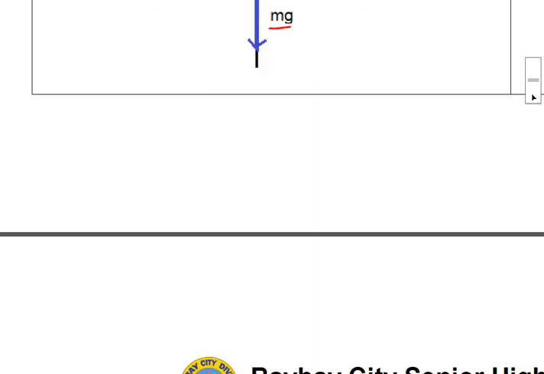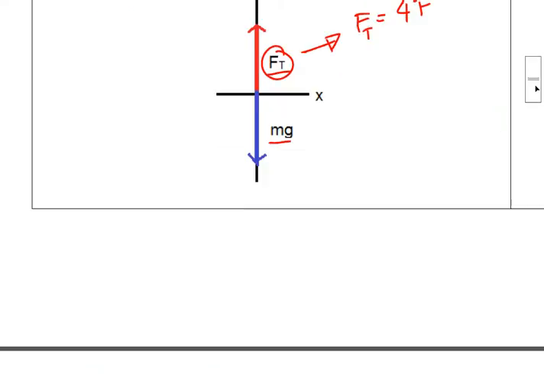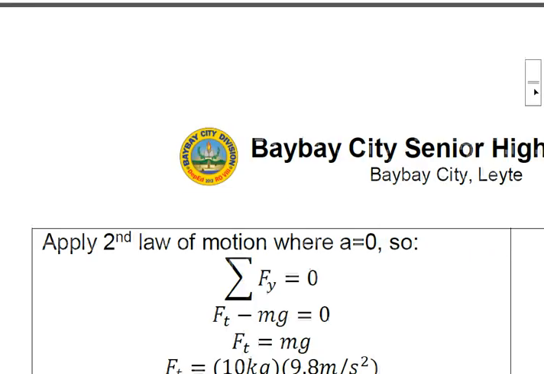So apply the first condition, summation of force along the vertical axis. So you have Ft minus mg. That's quite easy. Then Ft, so you have here Ft. Why Ft?